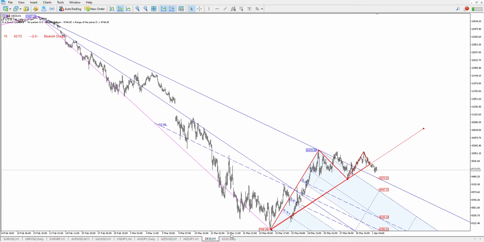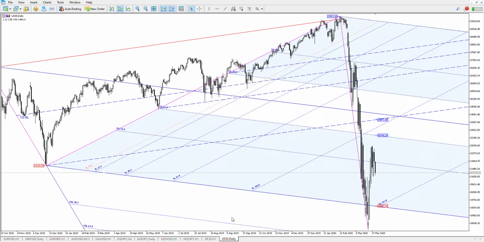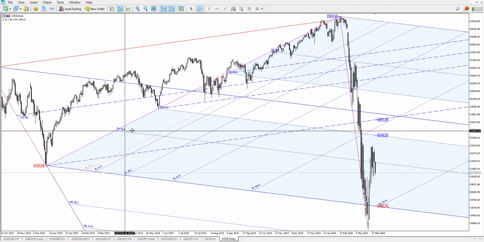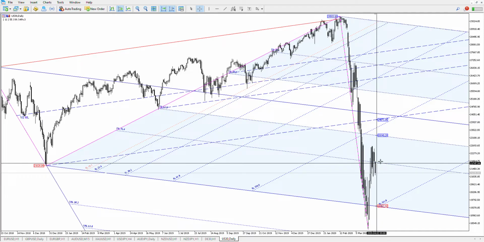And then last but not least, the Dow. This is strangely formatted on the other time frames, but the daily isn't too bad. Shift channel, the 74.07, and then we've got some support, 18.467. This is your 76.4. You see how the daily candle hit that.